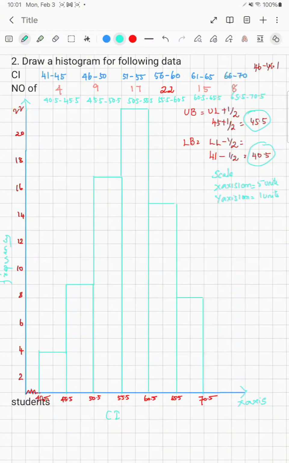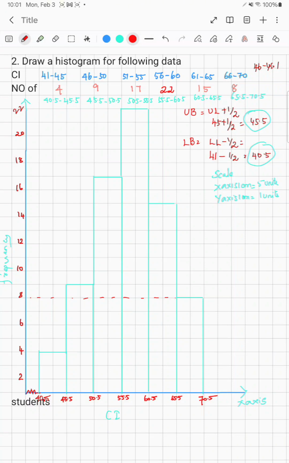If you want, you can make a dotted line or a scale line, I'm showing you. Make a scale line as a dotted line from here so that it is visible only to you, so you don't get confused and it is easy while drawing. After that, if you want, you can erase it.